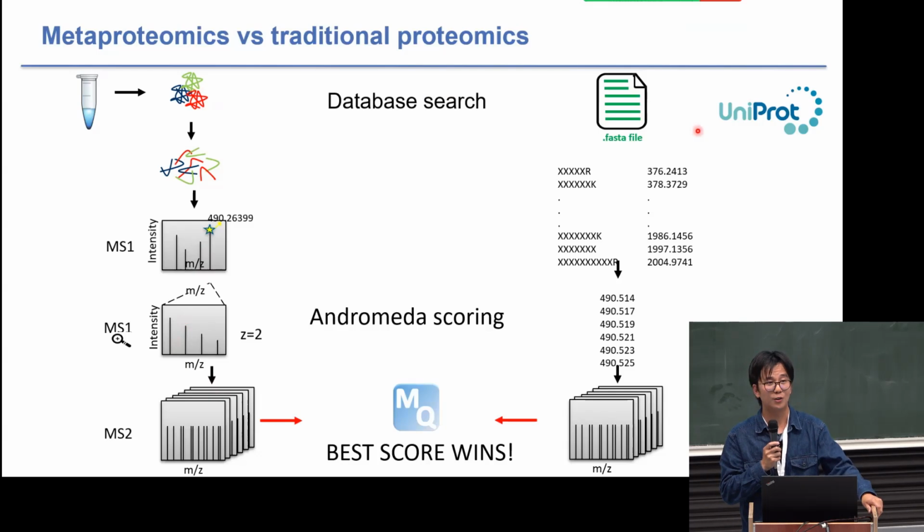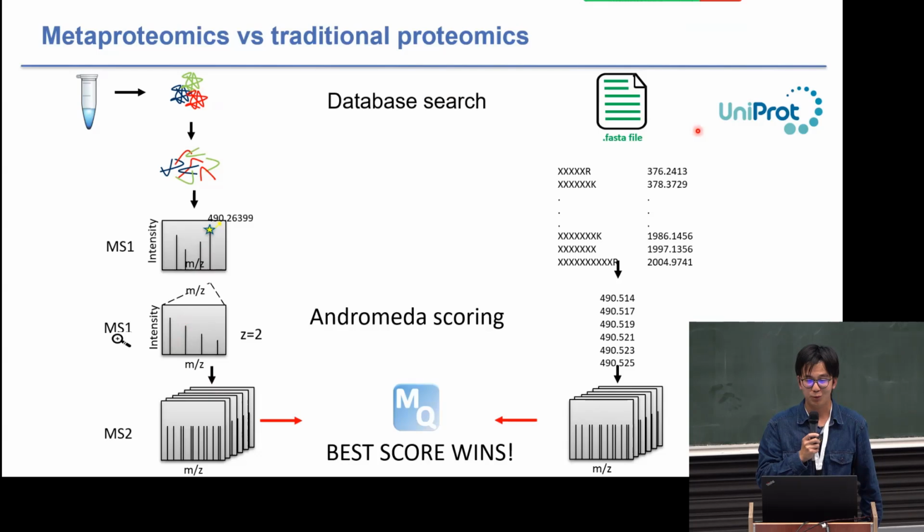For a single organism, if you are working on human or mouse, it's super easy. You just go to UniProt, like Dima showed yesterday, download the database and use that to do the database search. But the problem for the microbiota is you don't really know the composition of your sample, so you don't know who they are.